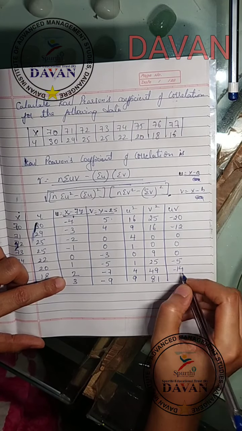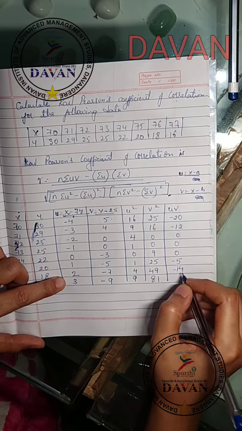Now substitute all this in the formula. I'll rewrite the formula here. The formula is r is equal to n into summation uv minus summation u into summation v, whole divided by square root of n into summation u square minus summation u the whole square, into n into summation v square minus summation v the whole square.